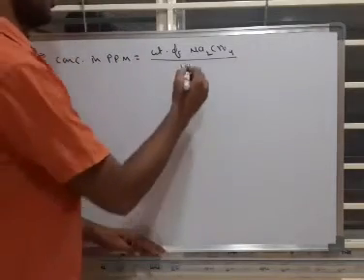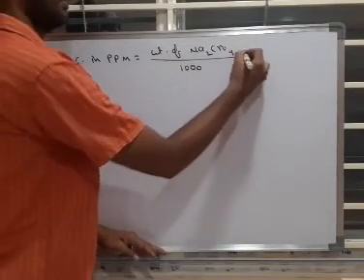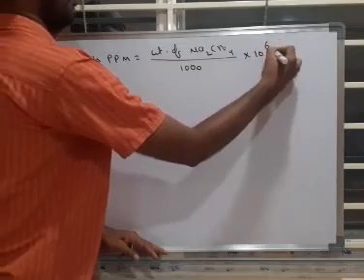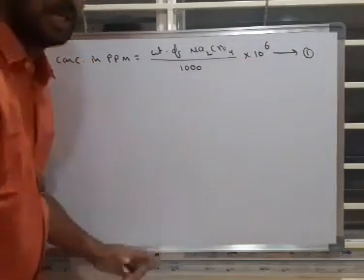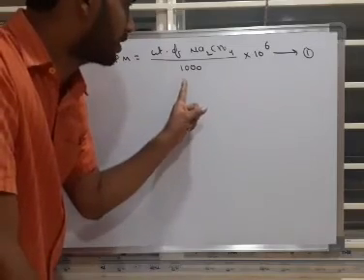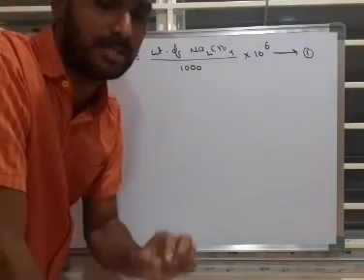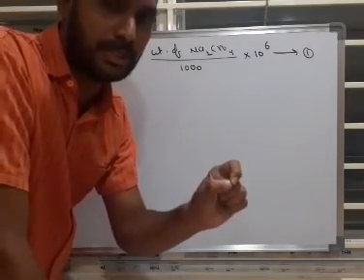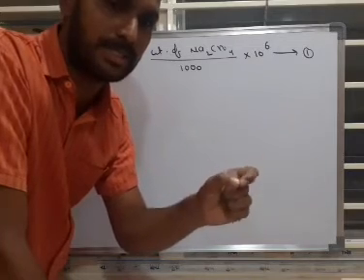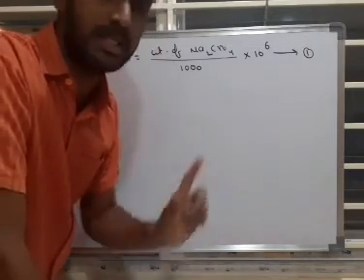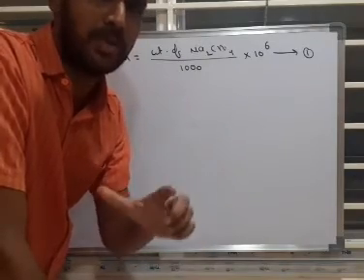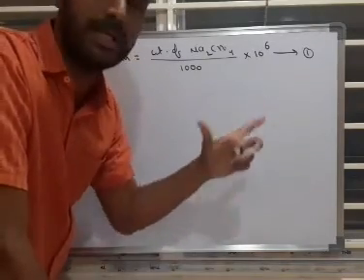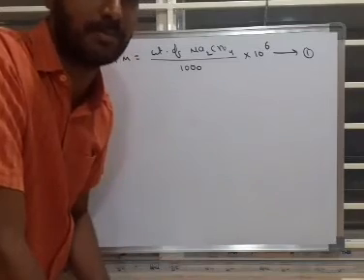So for 1 liter we take 1000 milliliters, or 10 power 6. Here the important thing is what the ppm formula means: weight of that particular solute, that particular species, by total volume into 10 power 6. For percentage we calculate per 100. Here, for very low concentration, we calculate per million. Million means 10 power 6.